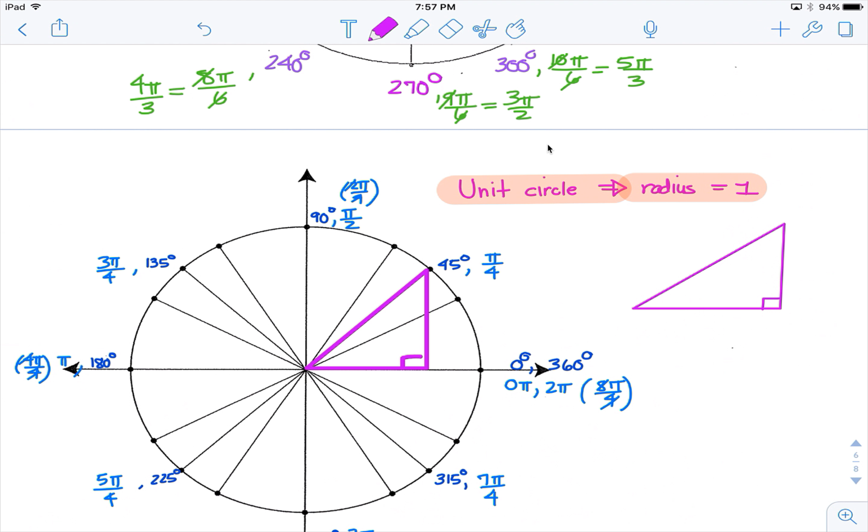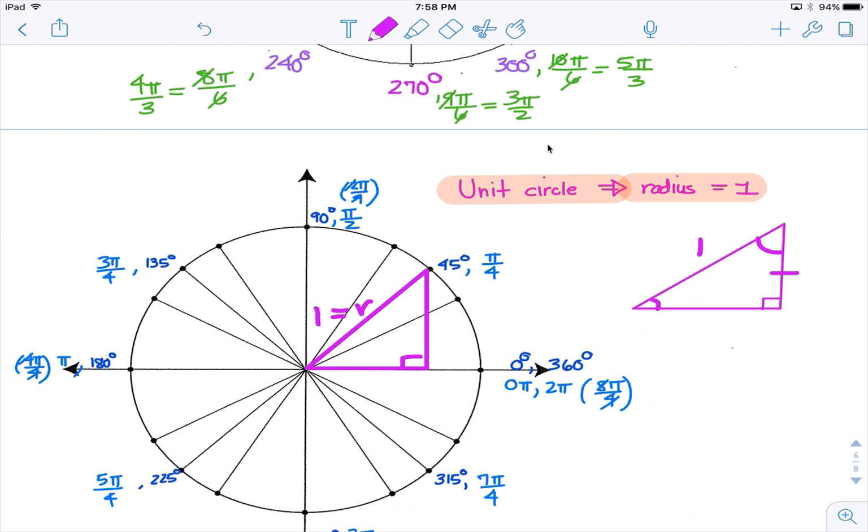Okay, that right triangle is the same one that we can draw into our unit circle. And it would go right there. Okay, so this radius is equal to 1. If the radius is equal to 1, and we know that that's a 45-degree angle, then this also has to be a 45-degree angle, which means that those two sides are congruent to each other.